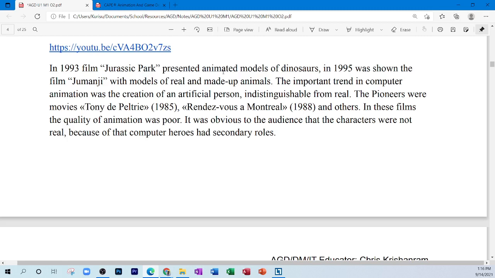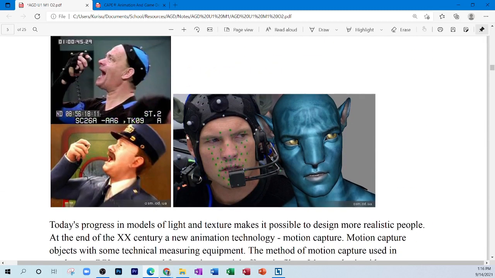What is possible? But some persons they didn't get it perfect, because in some movies, some videos, you can really tell that it is not real, not a real character. It's computer generated. In these examples here, you can see that they are not real.